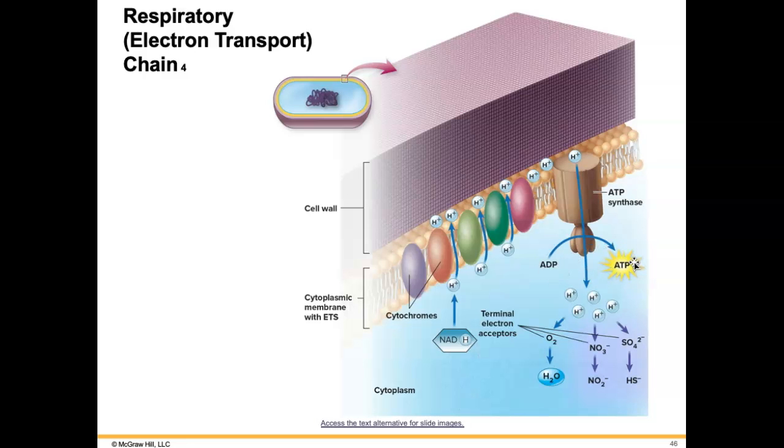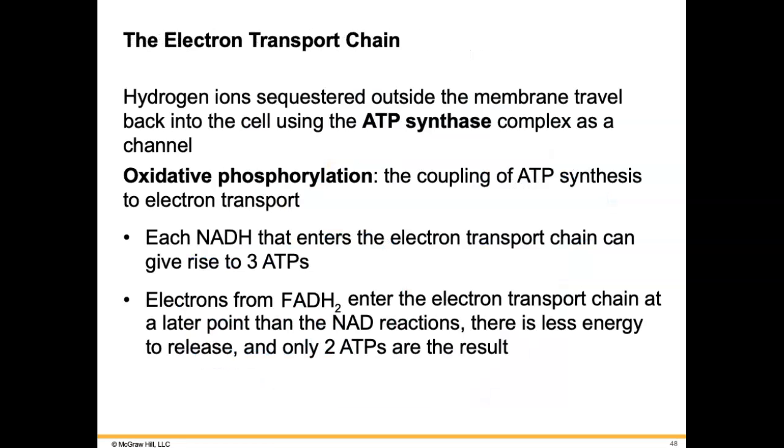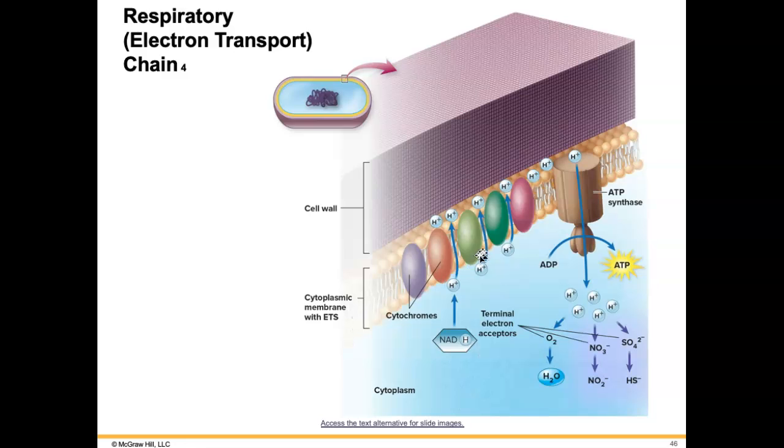So we've made ATP in this process. In eukaryotes, it's going to be in the mitochondria, and in bacteria, it is in the cytoplasmic membrane.